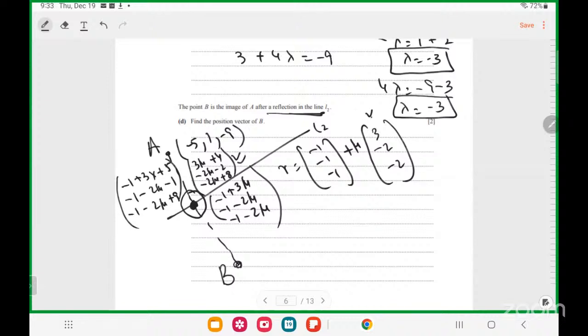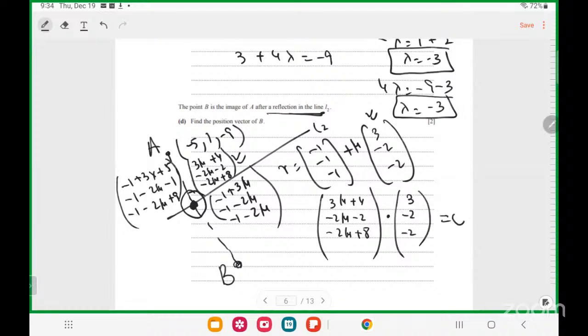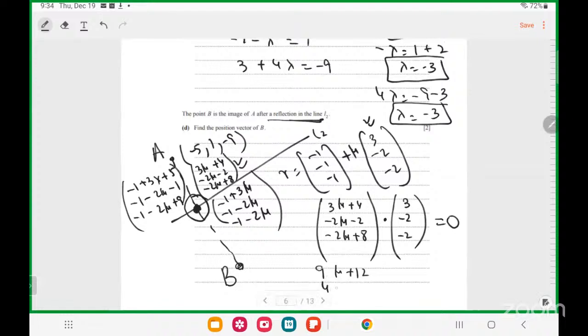इसका डॉट प्रोडक्ट इसके साथ (3, -2, -2). The dot product is 0. 9 mu + 12, + 4 mu + 4, + 4 mu - 16 is 0.